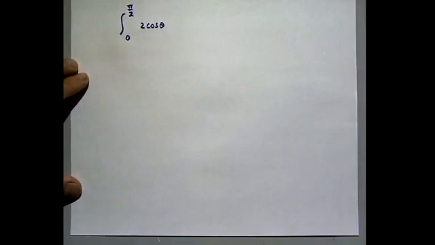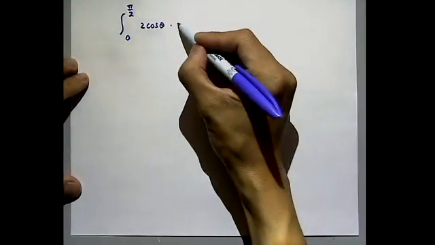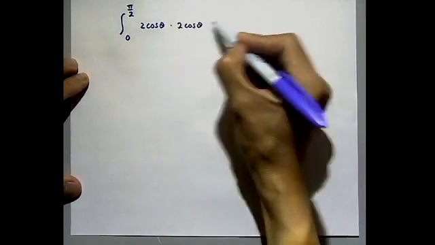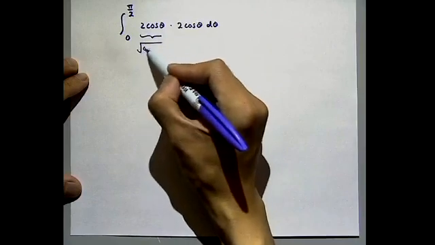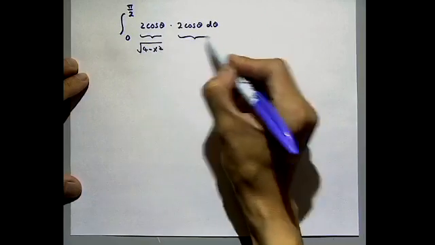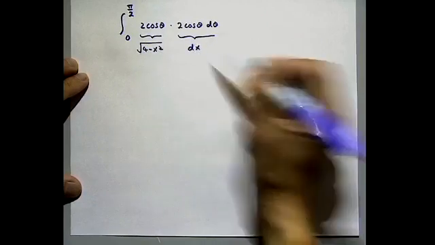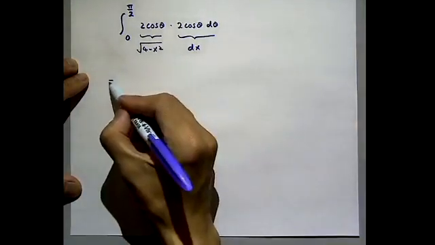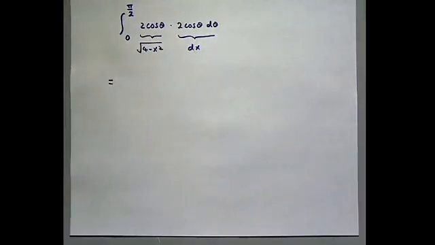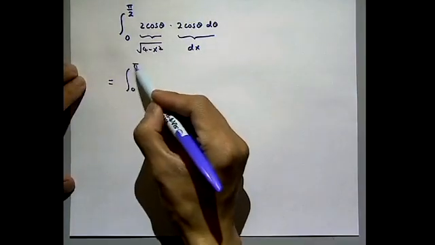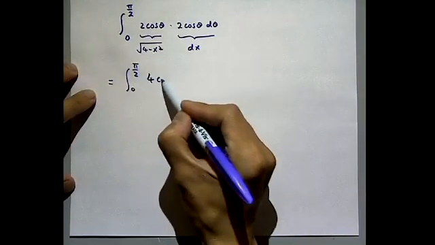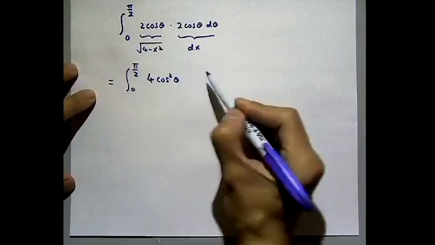And dx turns into 2 cosine theta. So what do we get here? We get the integral from 0 to pi over 2 of 4 cosine theta squared.